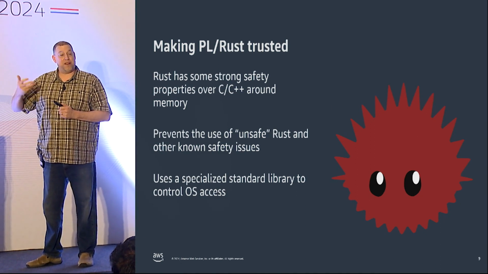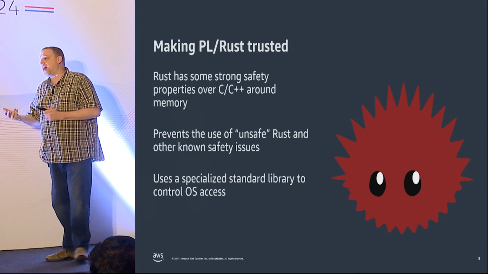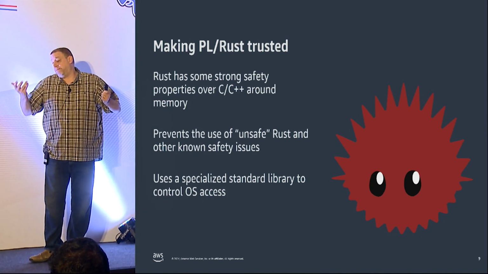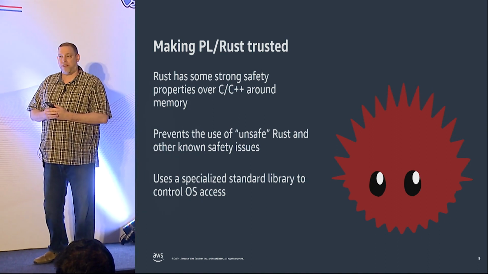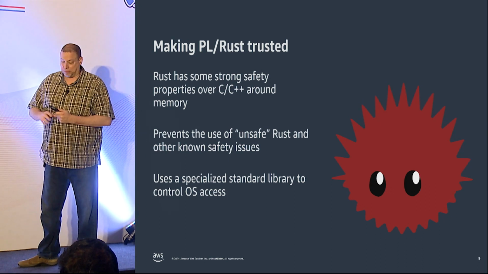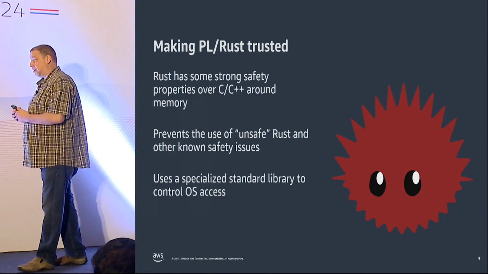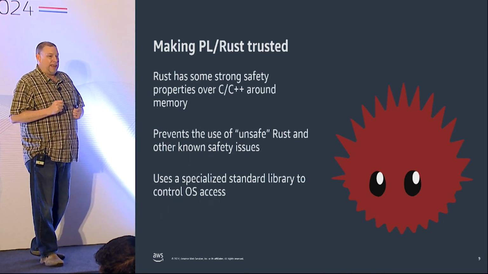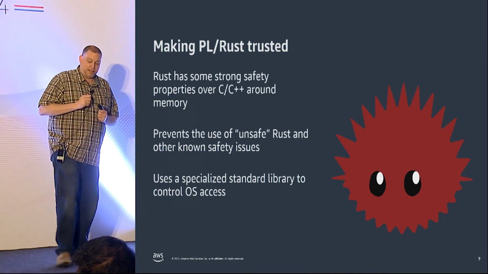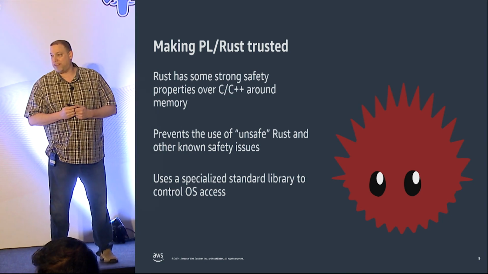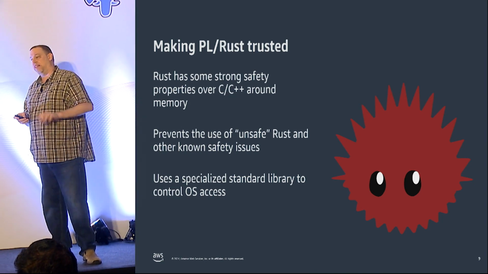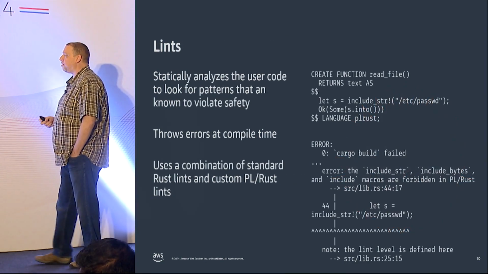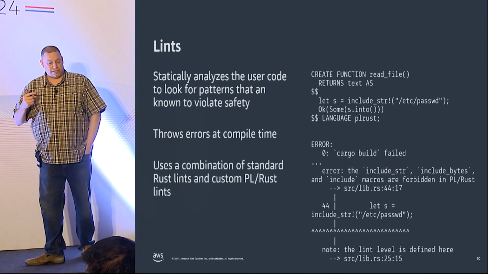You're free to do whatever you need to inside of Rust, but you could end up doing some things with pointers or other things that could cause problems. With PL Rust, you can't do that with trusted Rust. And the other key thing is there's a specialized standard library for PL Rust that locks down a bunch of other things like access. So the first thing is lints.